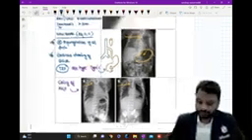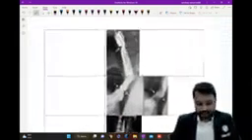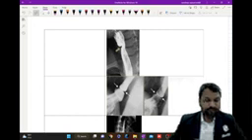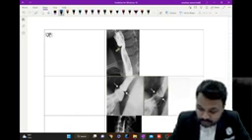Yep. So another one is this X-ray. Can you spot? I've given you a marker also. This is your upper esophageal web.